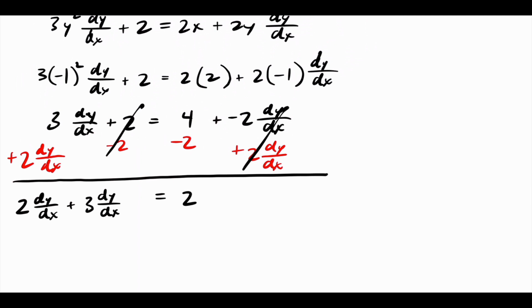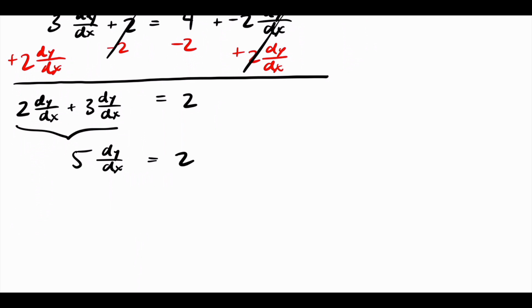Okay, so now what do I do? What can I do now? What do you notice about these two guys here? They're like terms, right? I can combine them. Positive 2, positive 3. So they are 5 dy dx. Since they're like terms, I can combine them. They both are numbers with a dy dx.